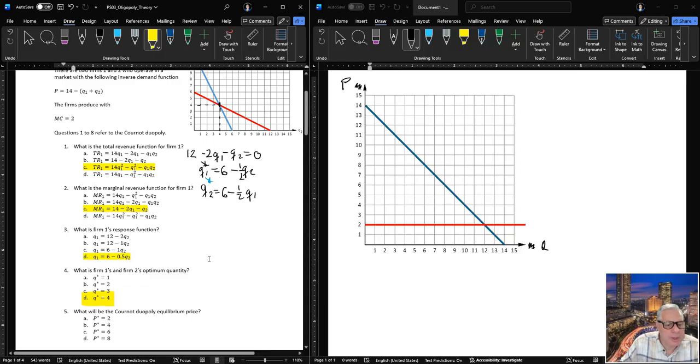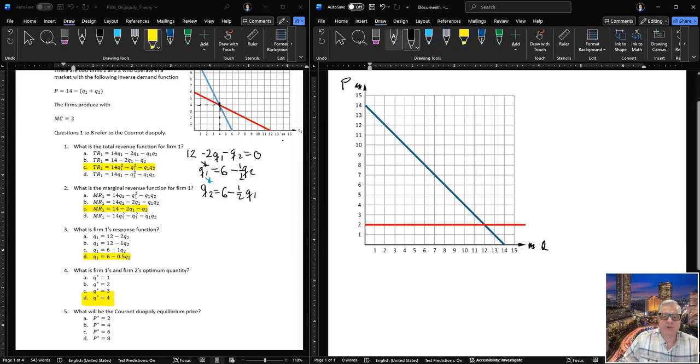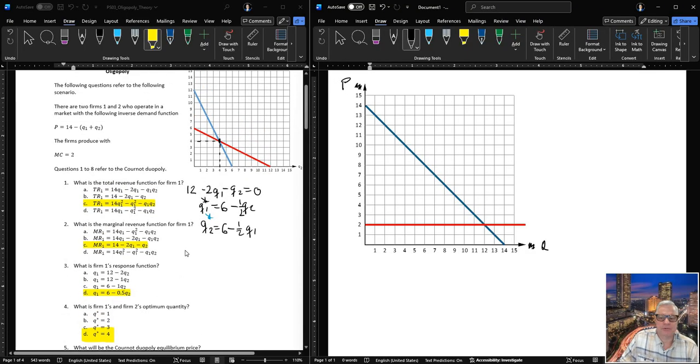Q equals 4. Okay, what will be the Cournot equilibrium price? So now if each firm produces 4, we can go to this graph where we have Q on the x-axis. That means 4 and 4 in total, so that's 8. So now we just go up here and we can see that the Cournot duopoly price is 6.